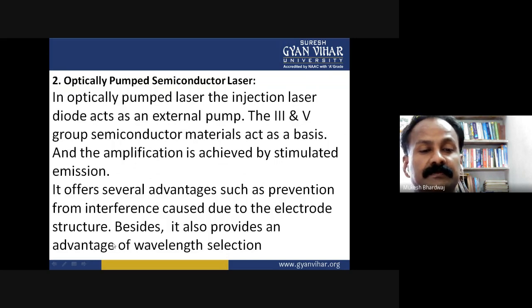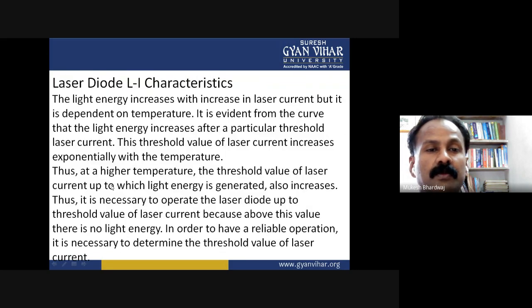Next, laser diode LI characteristic. The light energy increases with increase in laser current, but it is dependent on temperature. It is evident from the curve that the light energy increases after a particular threshold laser current.